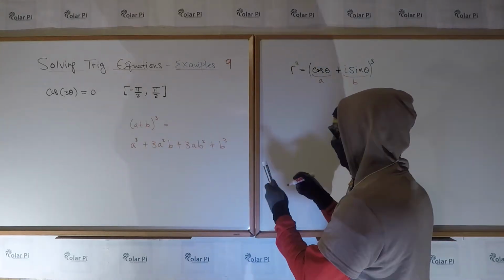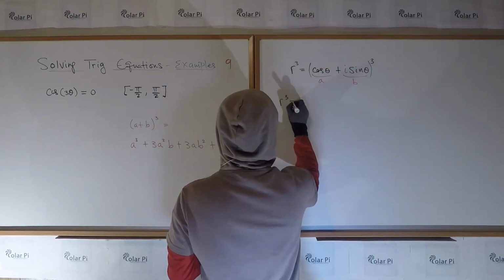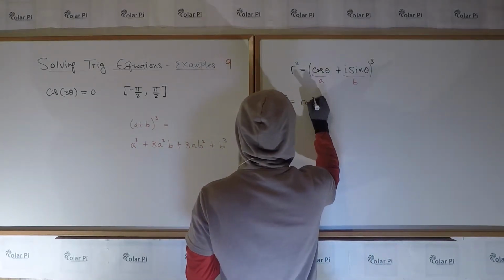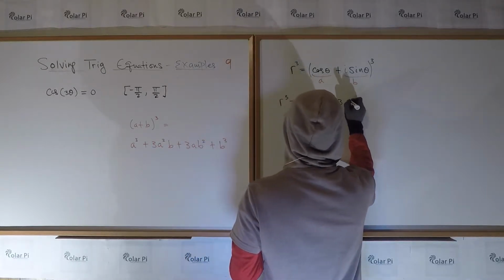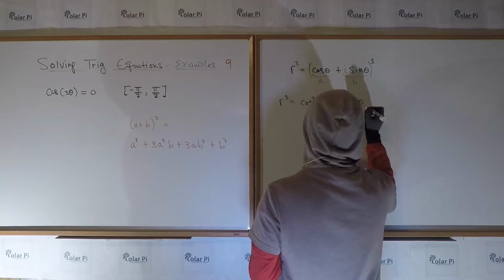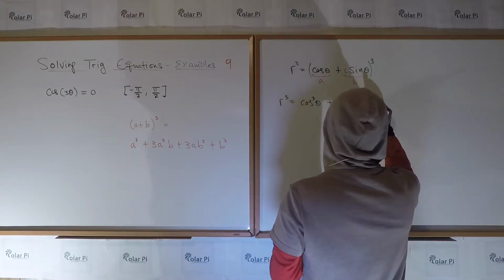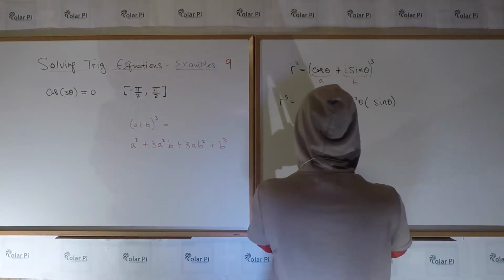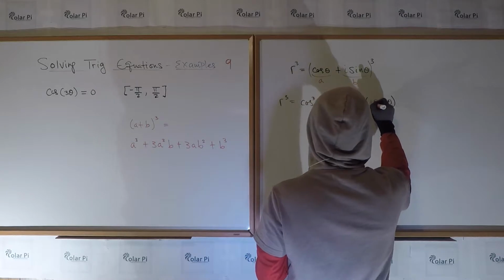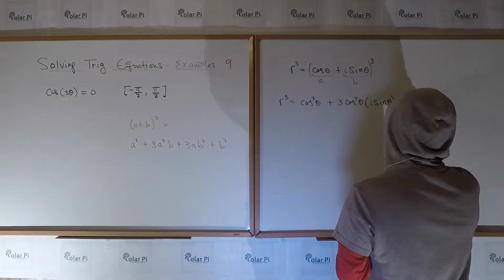So using this, we can see that R cubed here is equal to cos cubed theta plus 3 cos squared theta times i sine theta, right? See, this is why I don't love color coding, but it's all right. We'll live, or I'll live.